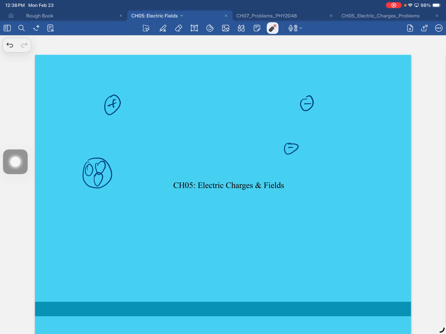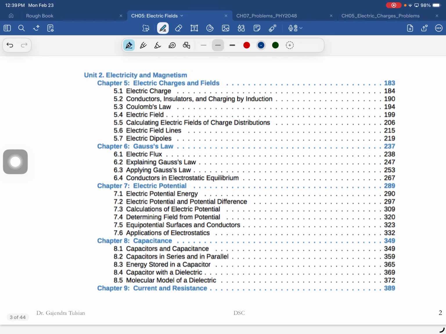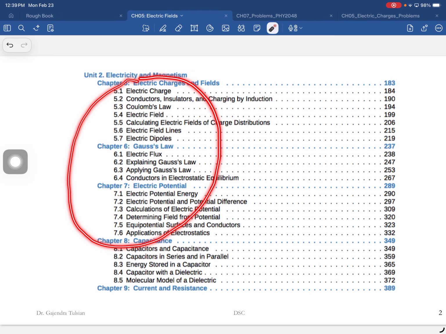In everything we study, the charges will be at rest. That subject is called electrostatics. So the first 4 chapters are electrostatics.